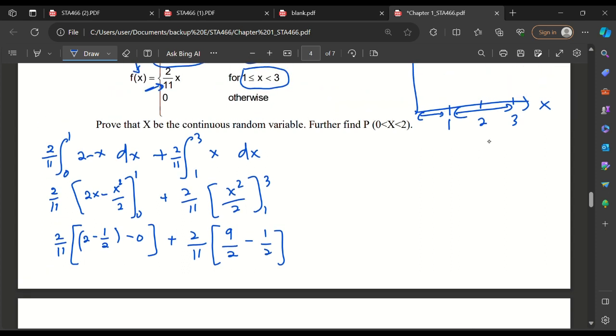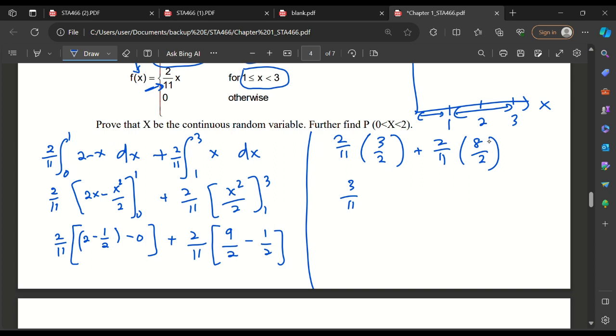So, saya sambung sebelah sini. So, it will be 2 over 11 multiply dengan berapa tu? 3 over 2, right? 3 over 2. Okay, plus 2 over 11. Here will be 8 over 2 ataupun 4. So it will be 3 over 11 plus 8 over 11. So the answer is 1.